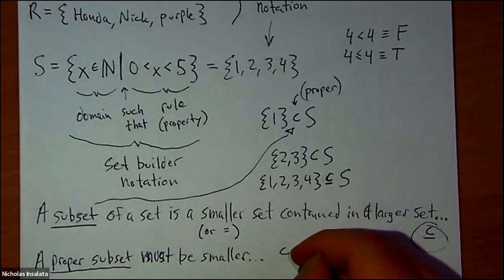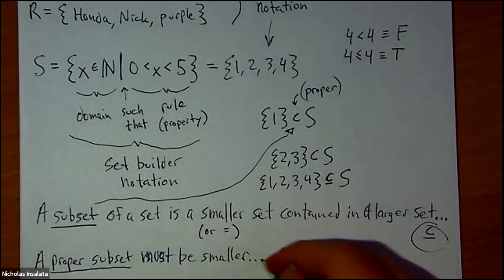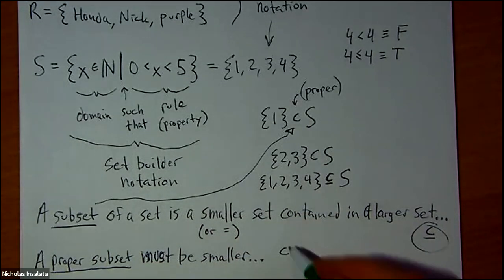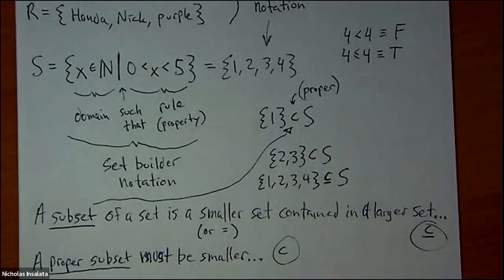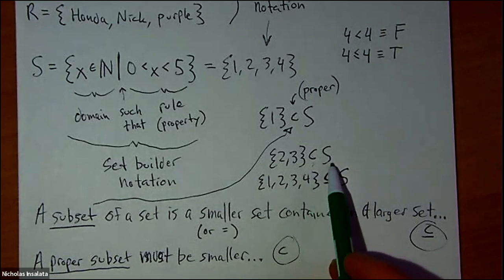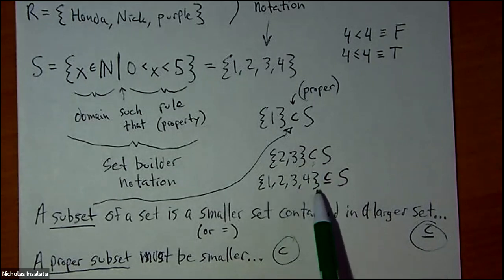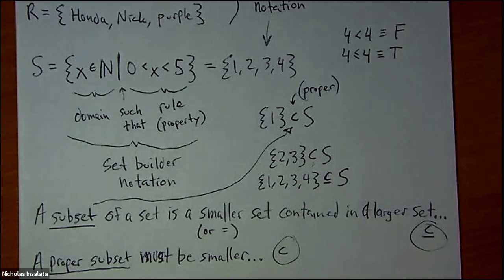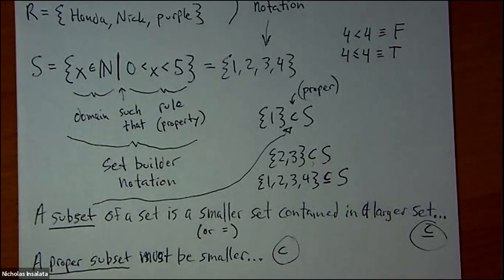And that's just the C. C for containment, right? That's how you can remember the little C there. C is short for is contained in, right? So the set {2, 3} is contained in S. The set {1, 2, 3, 4} is contained in S as well, right? This one is subset, this one's proper subset. Any questions on that?